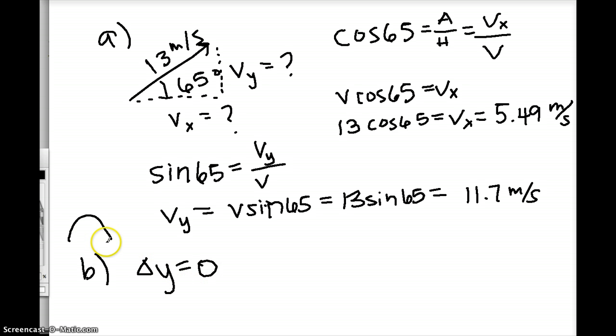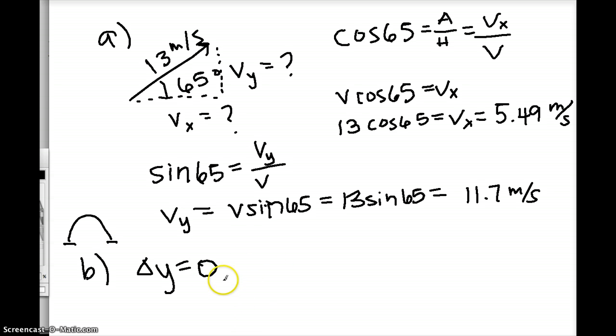It's going to land right back where it started. And that's convenient in a problem like this because there's no mention of it launching from any height above the ground or below the ground. So its change in position in the y direction is just going to be 0.